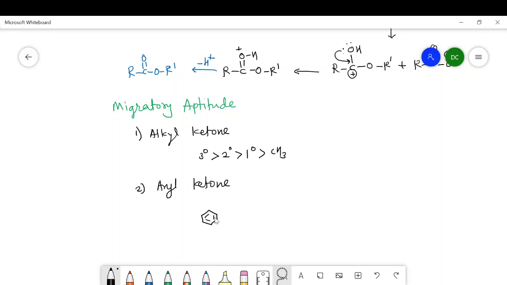This is benzene having OCH3, which has greater migratory aptitude than toluene, than phenyl, than chlorophenyl, than nitrophenyl.